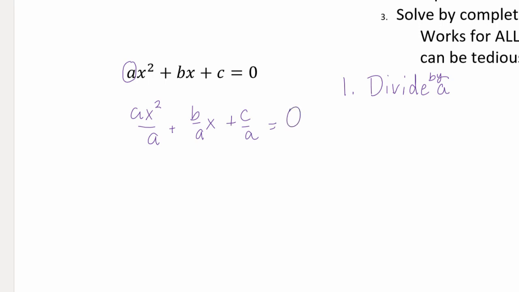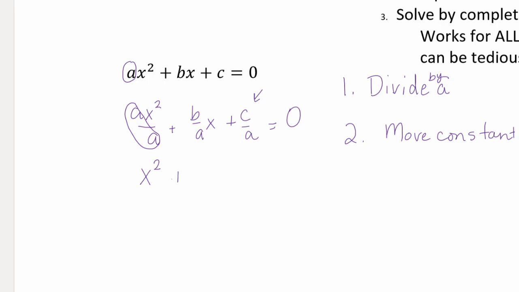Then the second step is that we're going to move the constant. So we're going to subtract the constant, and in our quadratic here, the constant's the one that has no x, so it's this one. Here, these two a's are going to give me 1, because I needed that 1x squared, and that's why we divide it.